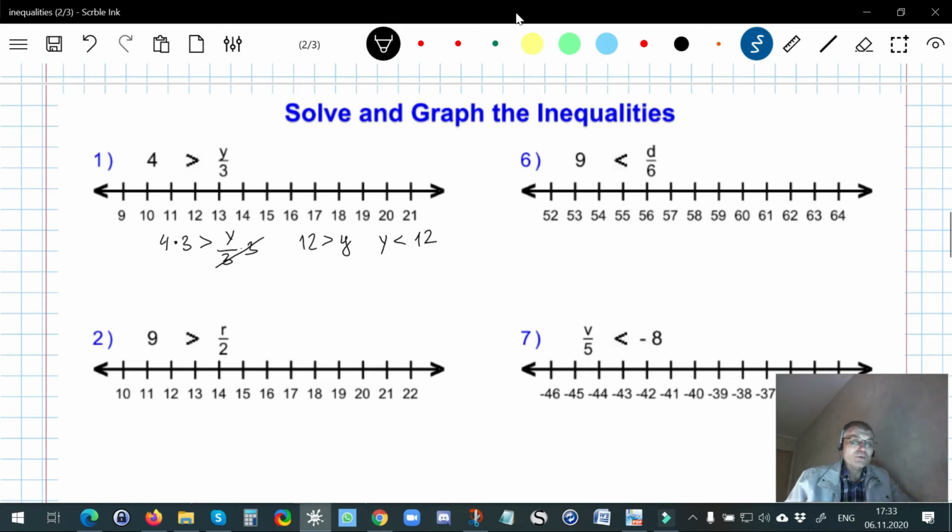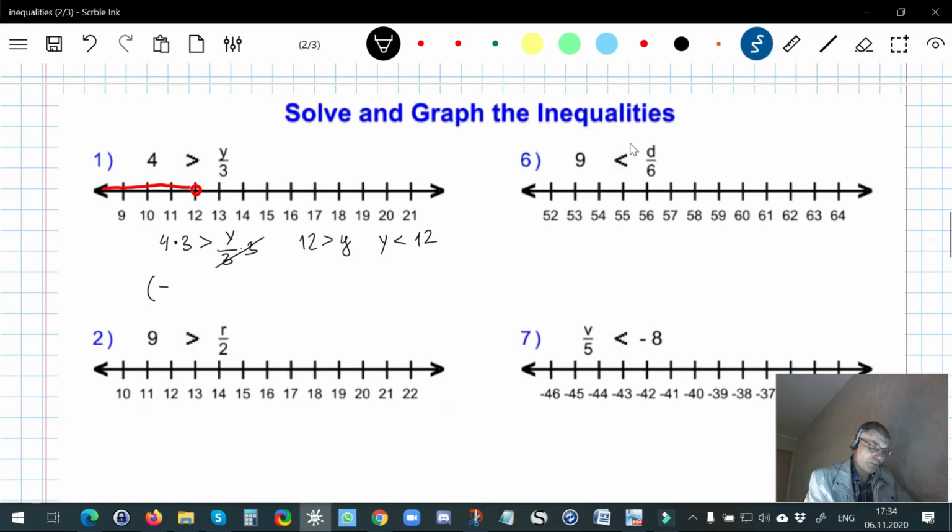Now we have to graph it. So y is less than 12, so it will be to the left from 12, and I draw a circle around 12, and then that goes to negative infinity. And the last thing I have to do is to write interval notation for our solution.